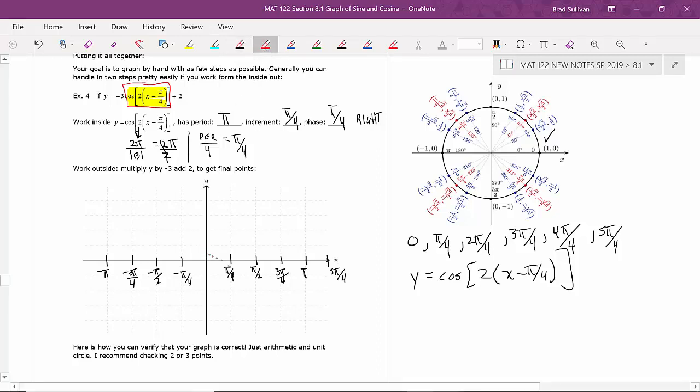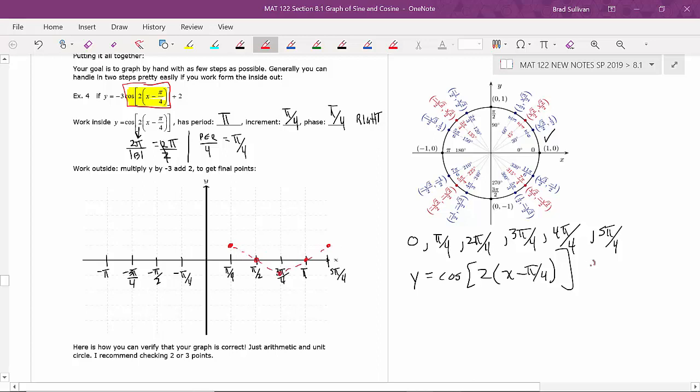Since we're phase shifting pi over 4, the cosine wave is going to start here. If you have a phase shift, you ought to start there. Remember, a cosine starts at the high point, then it cycles. Now, see, the rest of this you can do. You know that after the high point, it reaches the x-axis, then it hits its min. It goes like that. So that would be the graph of this thing right here.